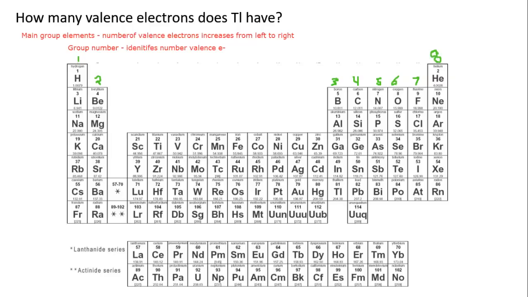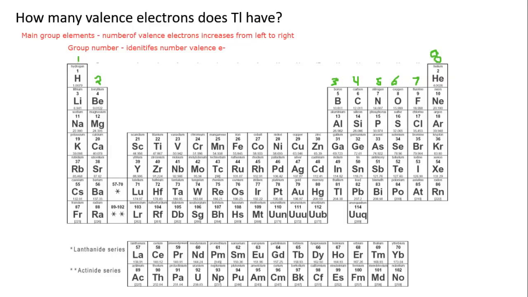So main group elements, the maximum they can have is 8. And again, the group number tells you the number of valence electrons. It increases from left to right, and we'll explain why it increases, because you get more electrons in the outer energy orbital.